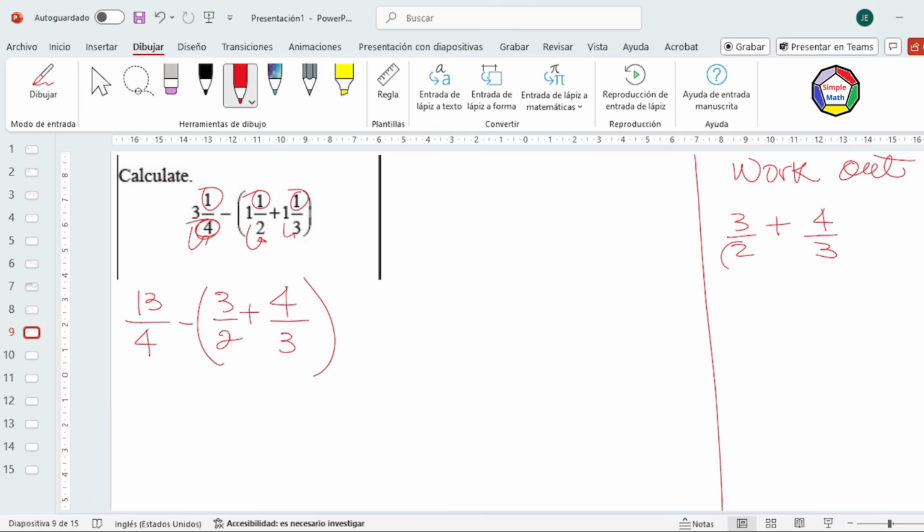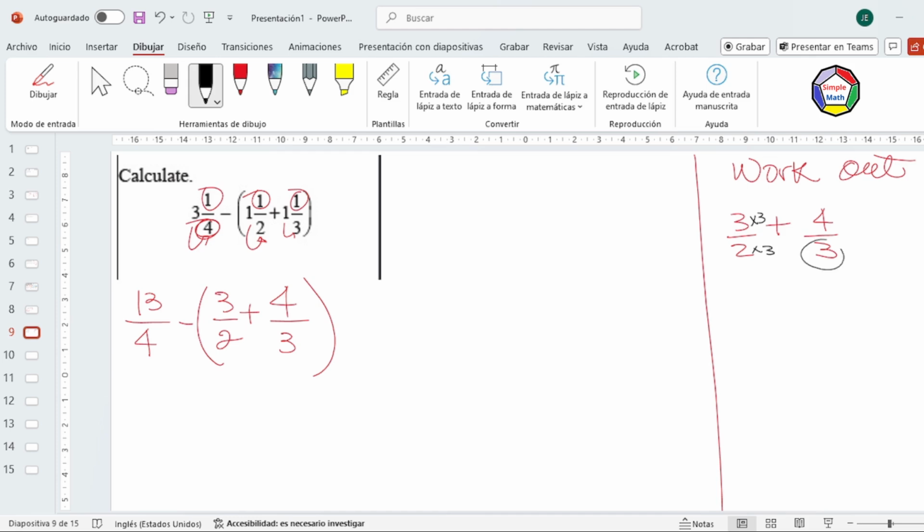If we get the least common denominator, because that's the way we add and subtract fractions with different denominators, the least common multiple between 2 and 3 is 6. So I have to make the 2 become 6, so I multiply times 3, and the numerator as well.